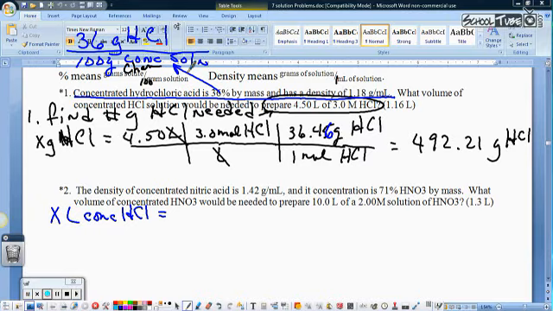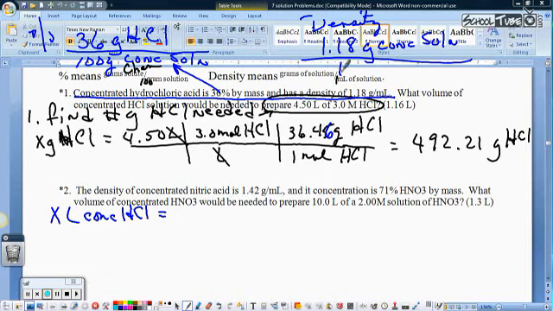The density says, and this is the percent, and this is the density. Density is a bridge to change from mass to volume, or volume to mass. The only bridge we know of that changes that way, except for our gases. We're not working with gases anymore. So 1.18 grams of concentrated solution over 1 milliliter of concentrated solution.